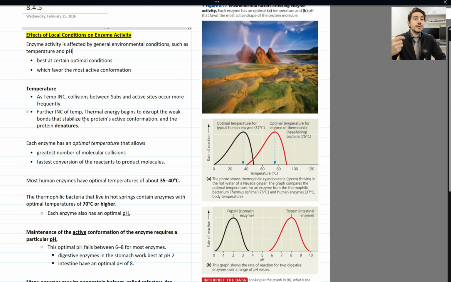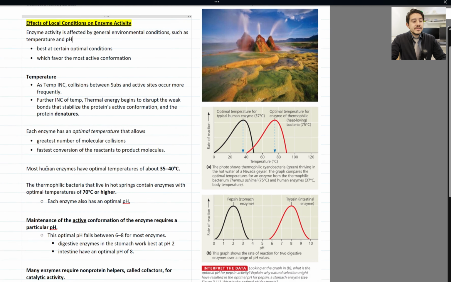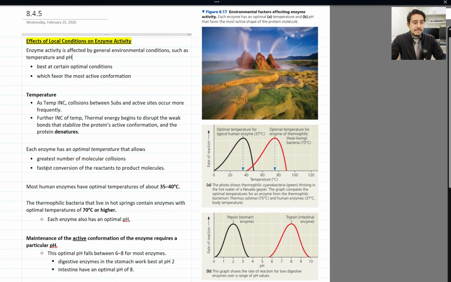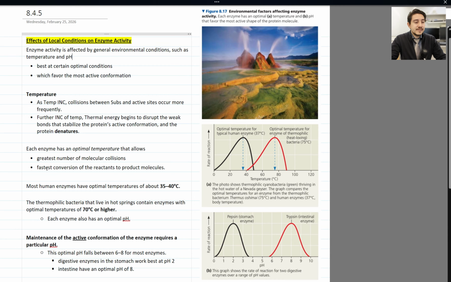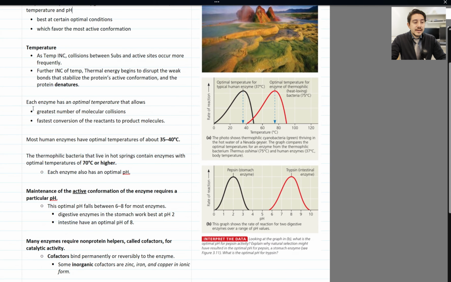What happens? The protein denatures. If you remember that from general principles of protein structure, temperature is an important player in enzyme activity and denaturation. Again, as I mentioned before, each enzyme has an optimal temperature that will allow the greatest number of collisions and the fastest conversion from reactants to products.